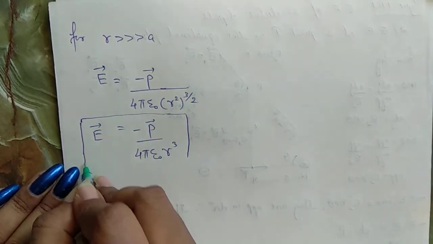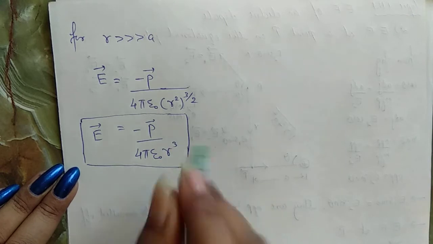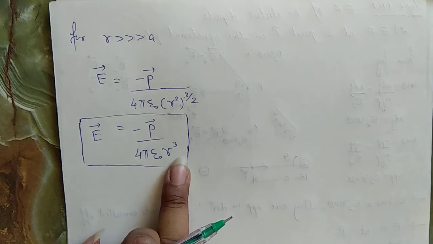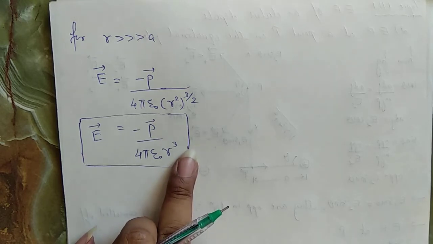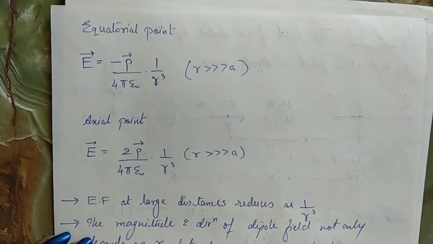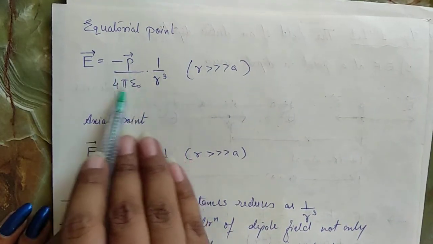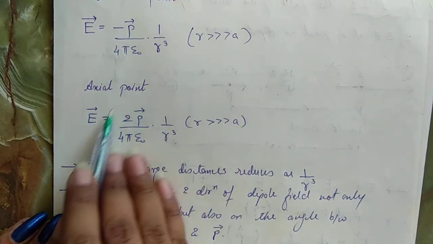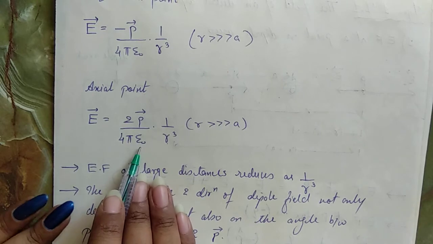This is the electric field at a point P on the equatorial plane which is very far away from the center of the dipole. Now here we need to consider a few points. Just see, for equatorial plane we have obtained this equation, and for a point on axis we obtained this equation.